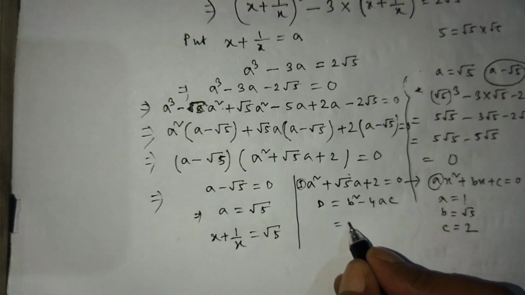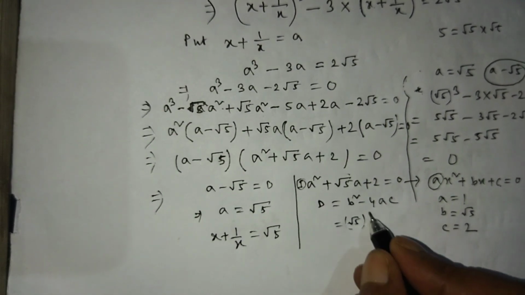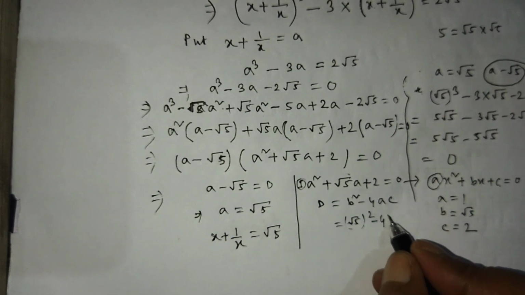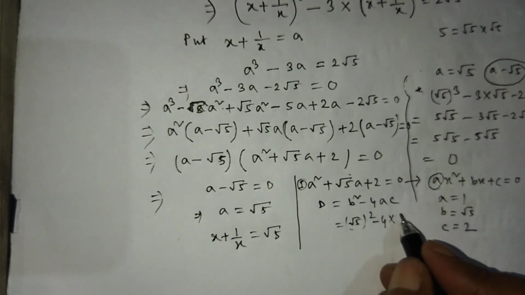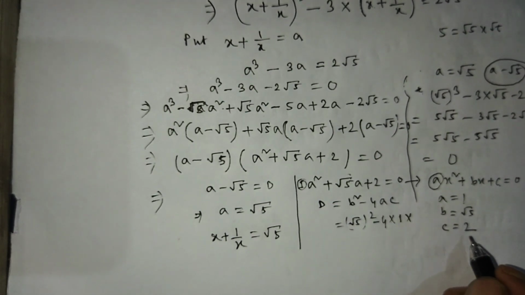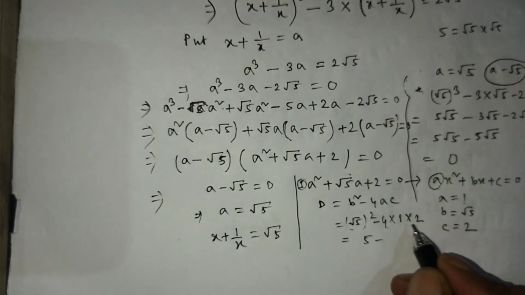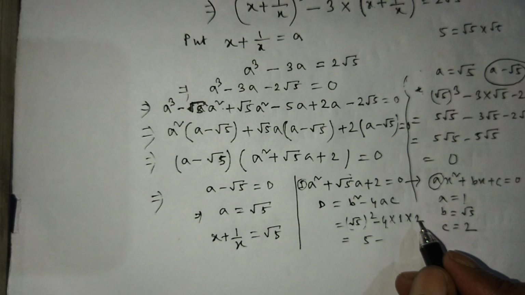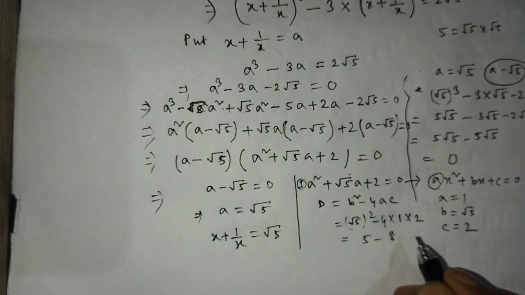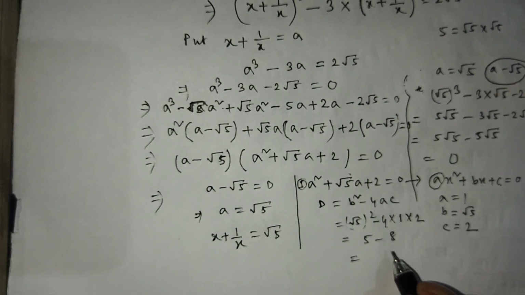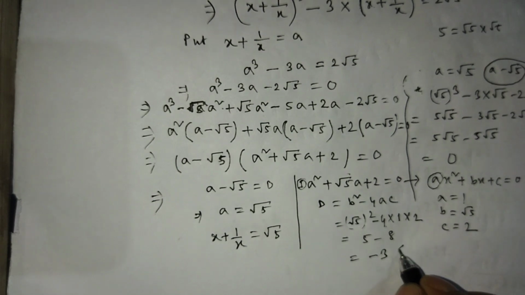So here will be root 5 square minus 4 into the value of a is 1 and the value of c is 2. So root 5 square means 5. So if you multiply 4 into 1 into 2, then you get 8. Okay, student. So it will be minus 3. That means less than 0.